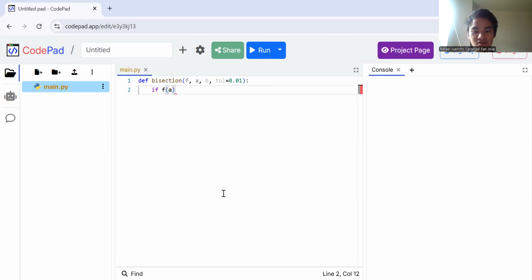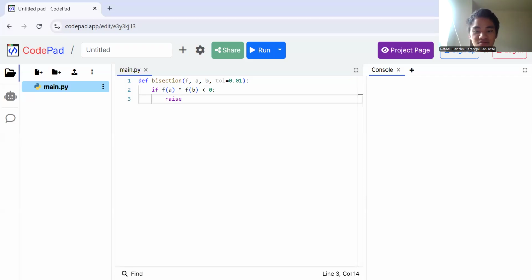So here we're going to do the conditions, right? If f of a multiplied by f of b is less than 0, meaning they have different signs. If we multiply a negative by a positive, then it should be negative.